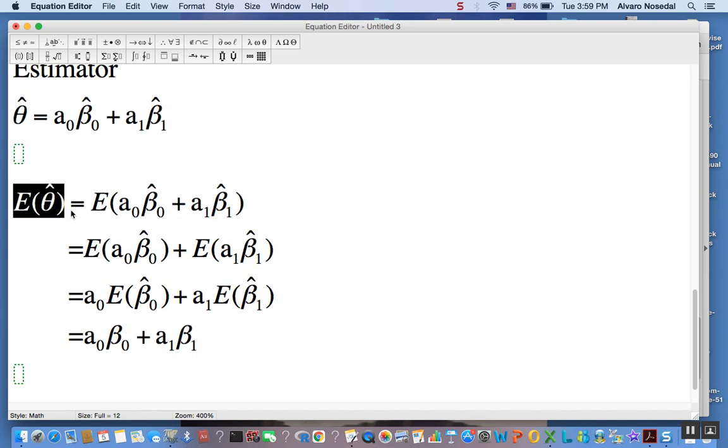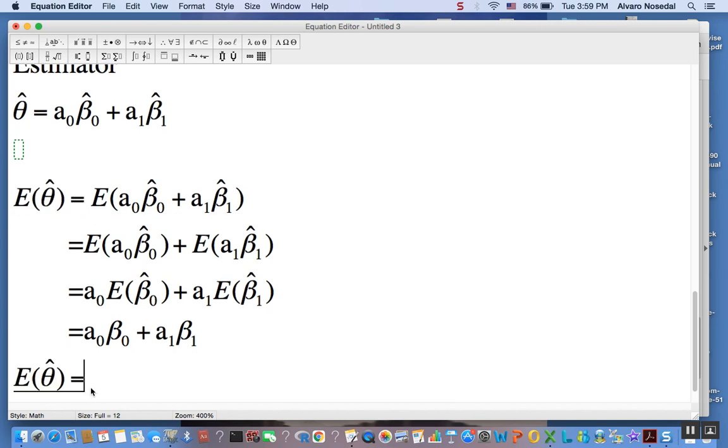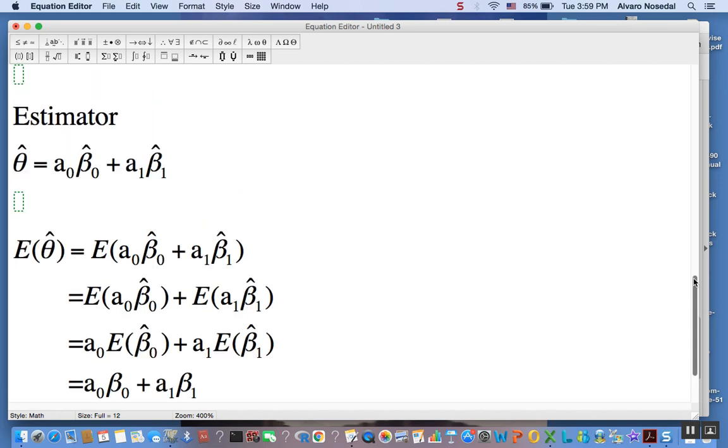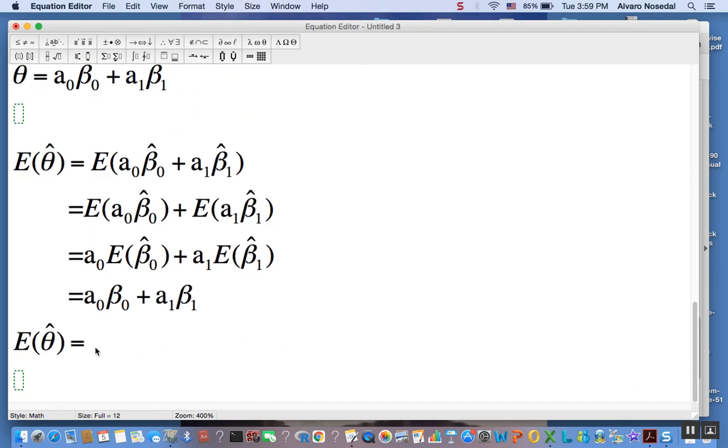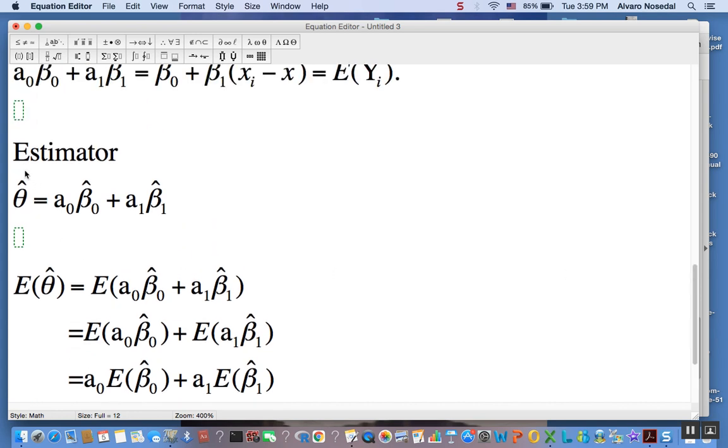That's what you have shown here, which means that this estimator of yours is an unbiased estimator. And that happens to be the mean of the normal that we're interested in here. That's going to be useful for the distribution of theta hat.